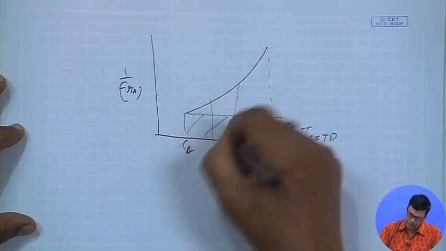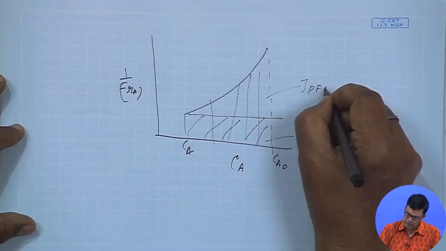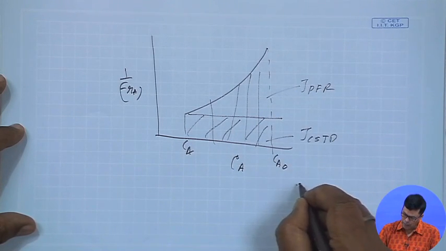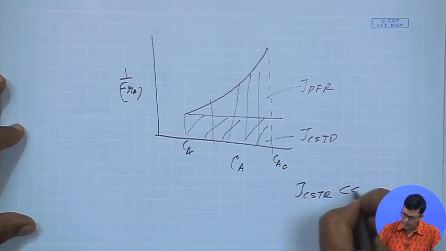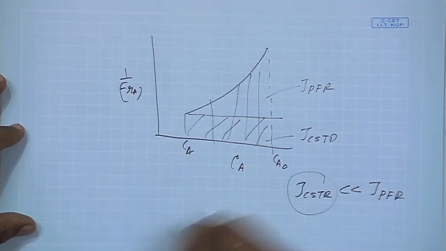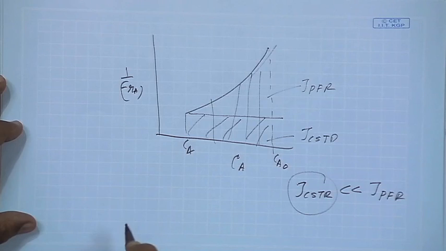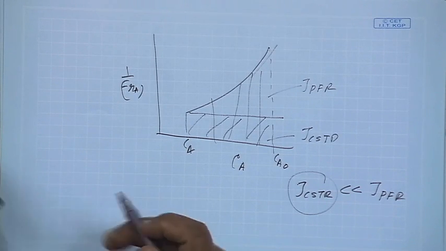And the area under this will give tau plug flow reactor. Now here tau CSTR is much less than tau plug flow reactor, so we will go for the CSTR. If your correlation is like this, this is how we can select which reactor we should use for a particular process, because our target is to get the minimum time required to get the desired amount of product.